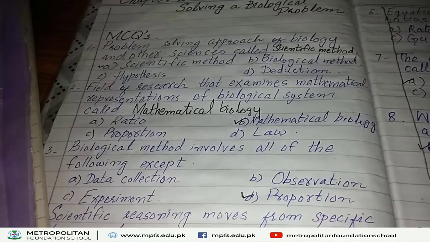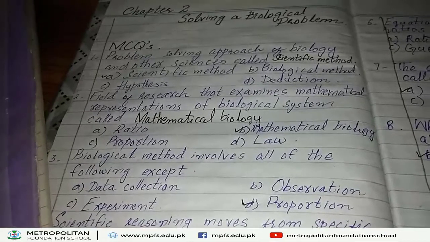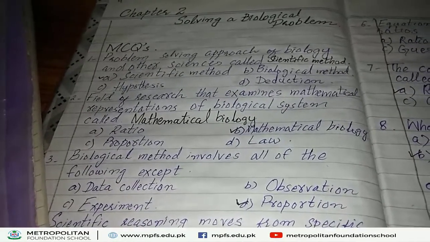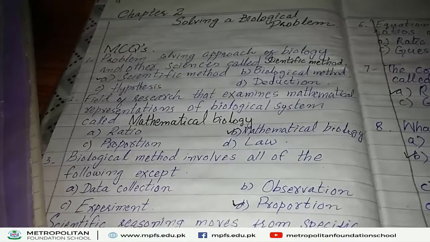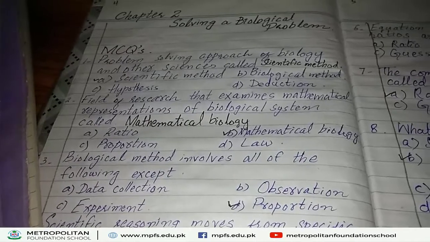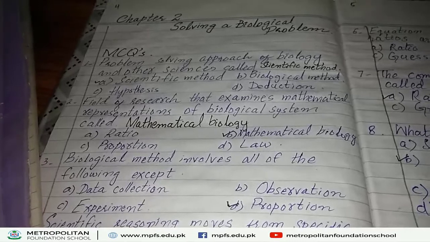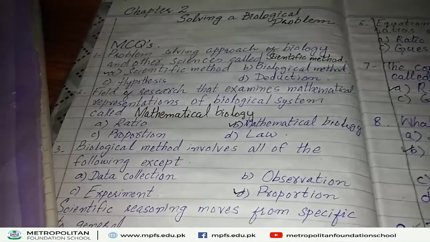This is not part of the steps of biological method. Option A, data collection. Option B, observation. Option C, experiment. And option D, proportion. So the correct option is option D, proportion. Why is proportion the correct option? Because proportion is not a part of biological method.